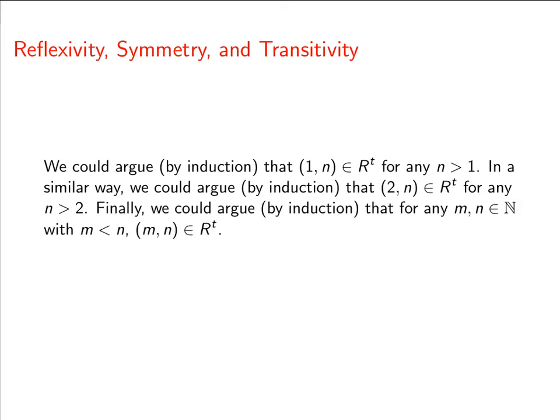And then we could argue again by even more induction that for any m and n in the natural numbers with m less than n, (m, n) has to be in the transitive closure. So I'm not going to write out these induction proofs, but once we have this idea, this gives us a simpler way to describe the transitive closure.